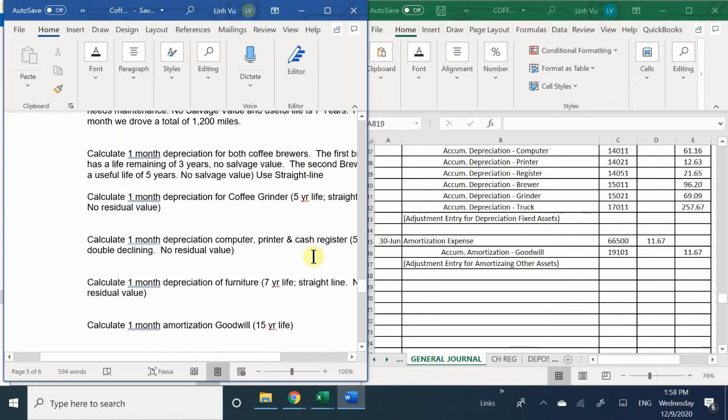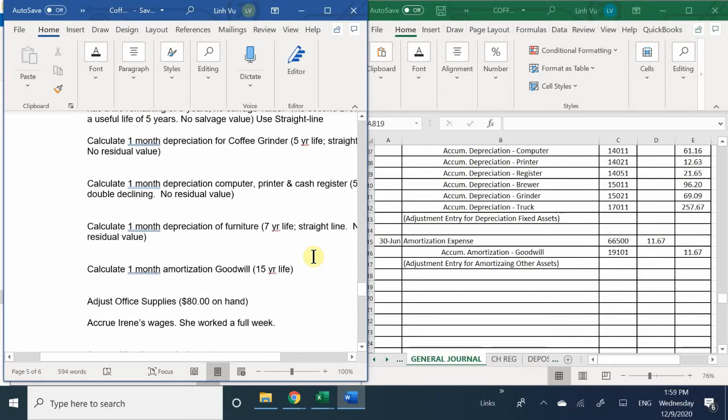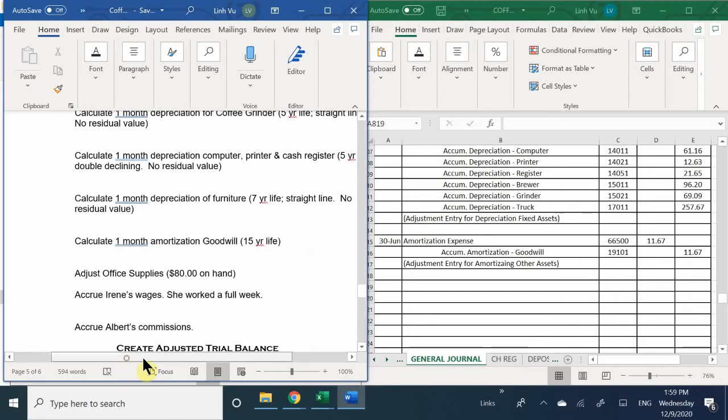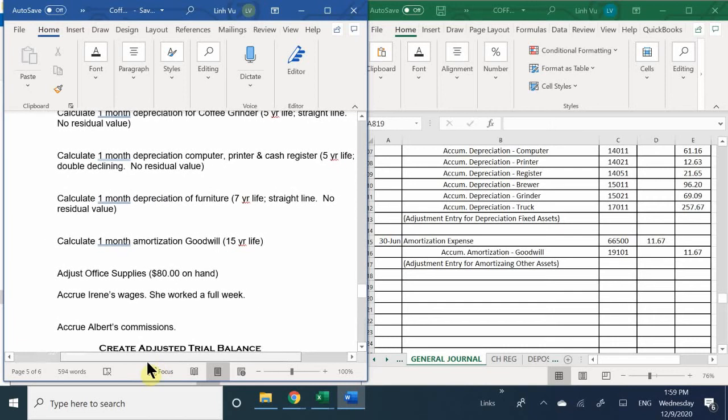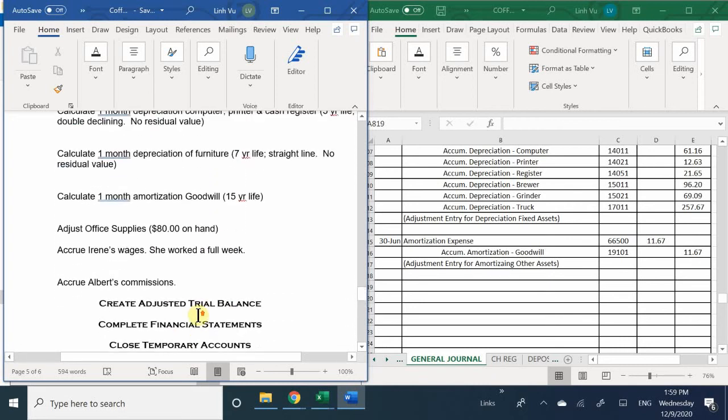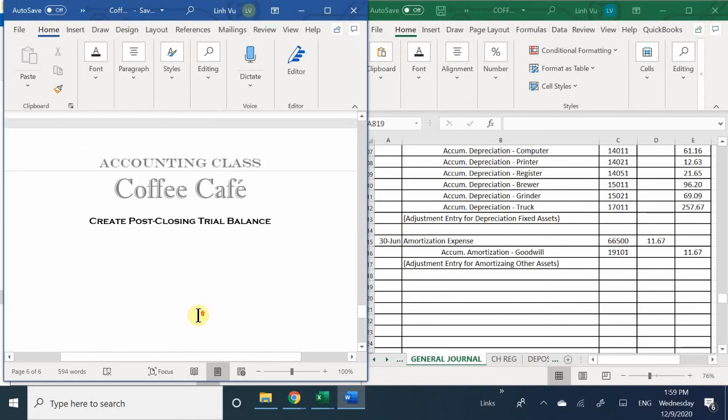So I've completed my amortization. What has happened next? Adjust for office supplies, $80 on hand. Sorry, I'm still closing out my sheets that I don't want here. No worries.